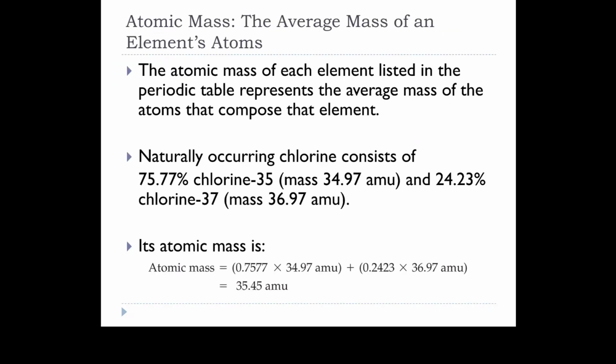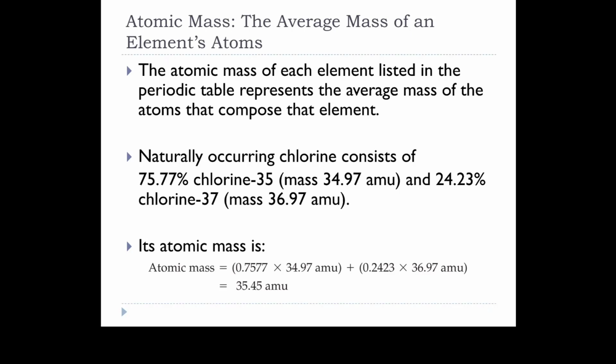Fantastic. Okay, so I told you that we would figure out how we got the atomic mass, those decimal numbers that are on the periodic table. And we briefly talked about before that that was a weighted average of all the isotopes that you could have from that element. And so now I want to show you how they're actually calculated. We're going to ask you to make a couple of these calculations just to make sure everybody knows how to do it, okay?